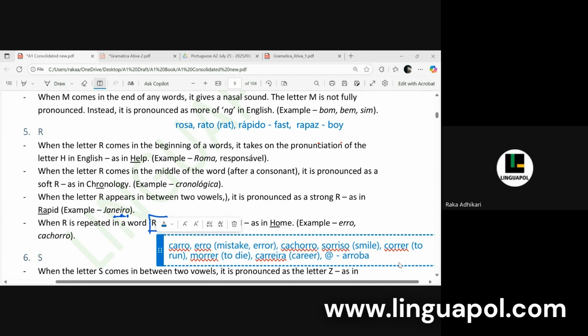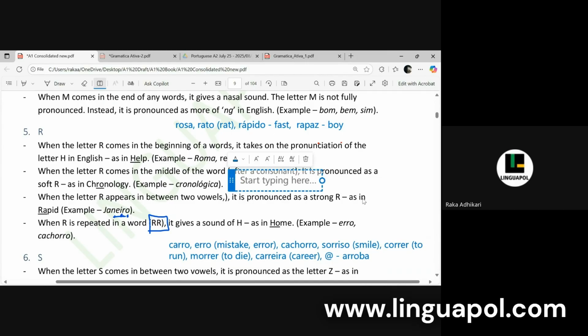So just like you practiced your names, you should also practice saying your email IDs. Okay. For example, my email ID would be adhikariraka@linguapol.com. So if I write it, I'll also tell you how to do this.